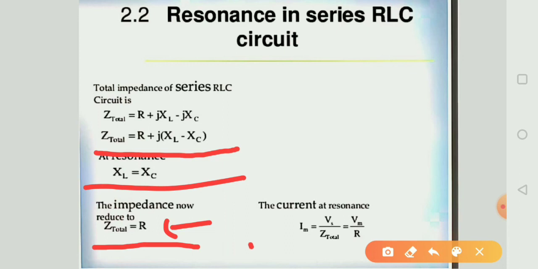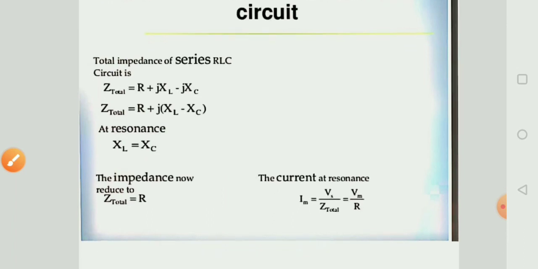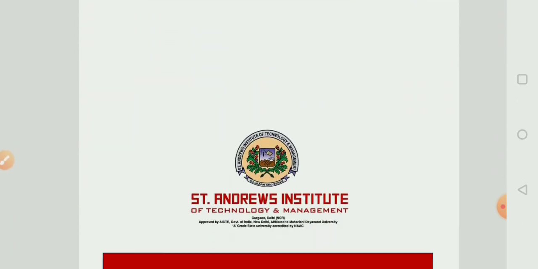For this the current is Im equal to Vs over Z total, and since Z total equals R, Im equals Vm over R. This is resonance in the RLC circuit.